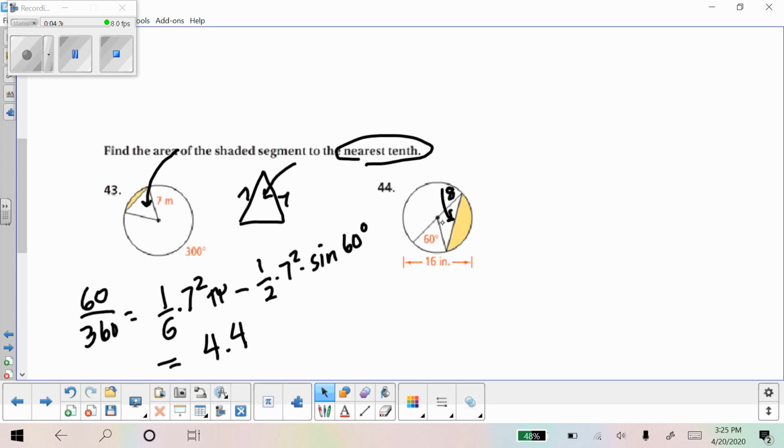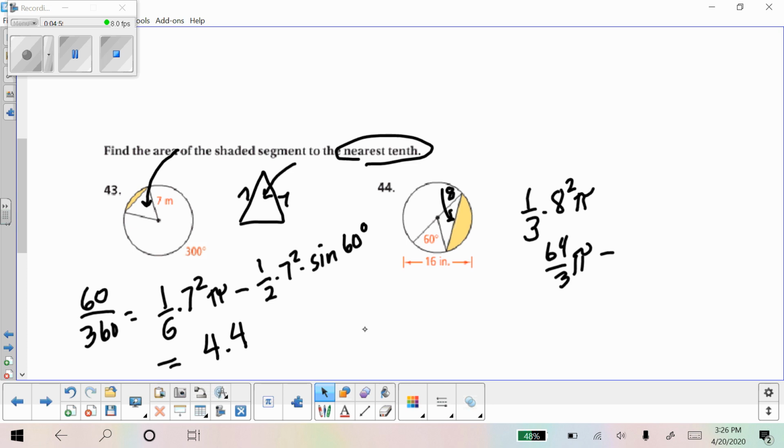And that's a 120-degree angle. So it's 1/3 of the entire circle. 1/3 times 8 squared pi, which is 64 over 3 pi.